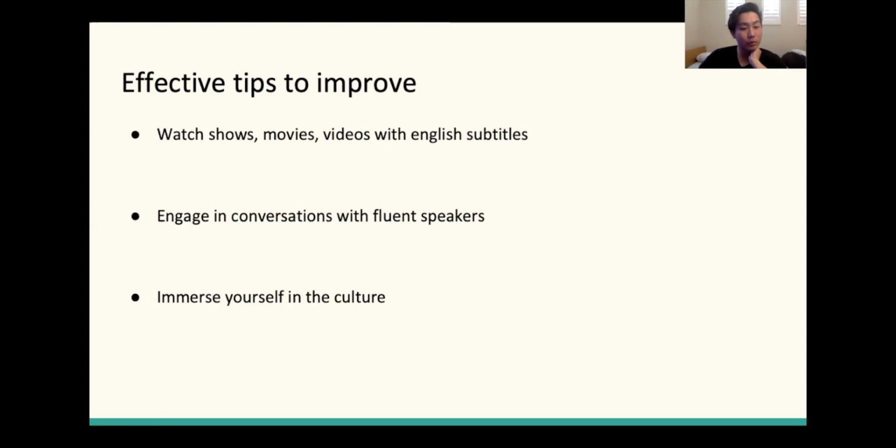And then we have the third one, which is immerse yourself in the culture. The big reason why I selected this is that when you're put in a situation where you're forced to use the language, you have no other choice but to improve the way you speak and think about the way the words and sentences are formatted. I personally didn't have an experience in this, but my friend who wanted to brush up on Spanish took Spanish 1, 2, 3 in high school.